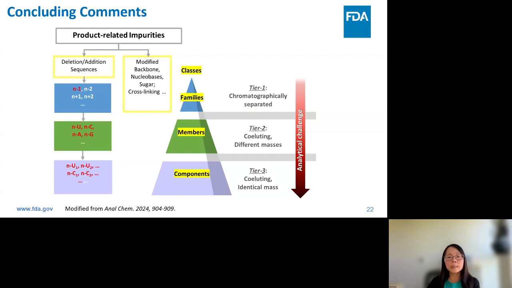The 2 case studies I shared with you today may just represent the tip of the iceberg, with a lot more remaining unresolved.